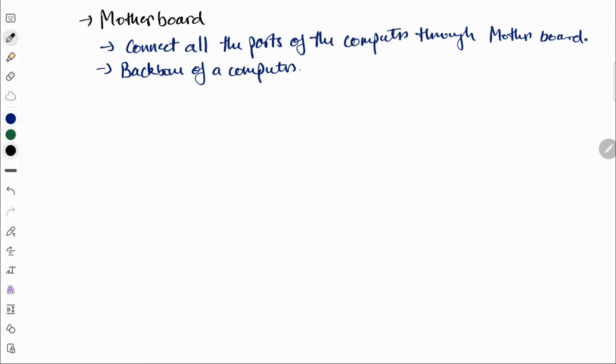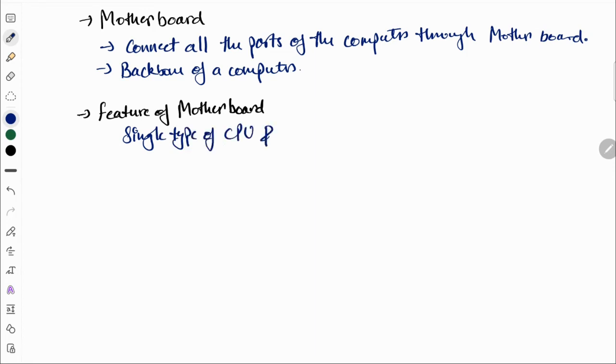Features of motherboard. Motherboards vary greatly in supporting various types of components. A motherboard supports a single type of CPU and few types of memories.